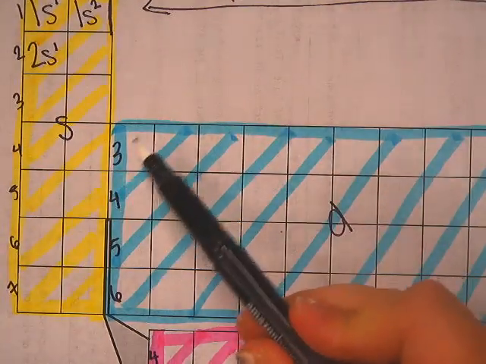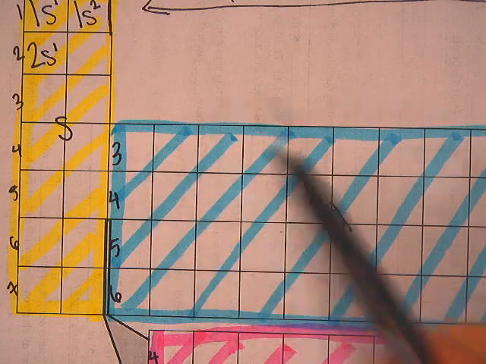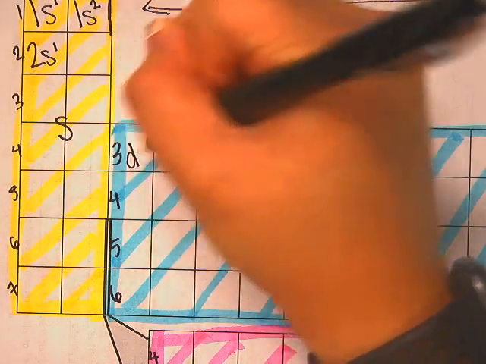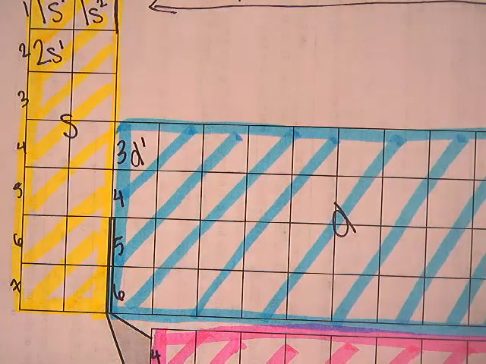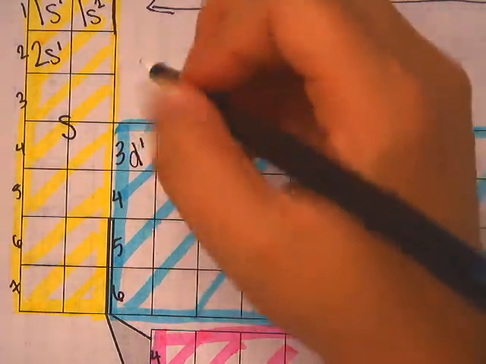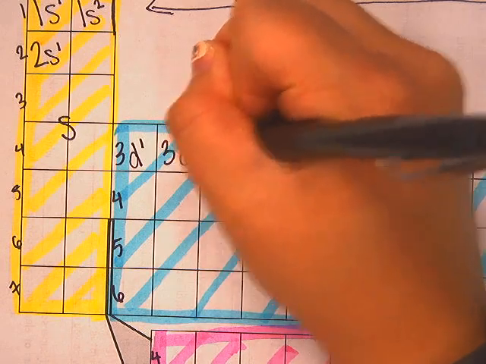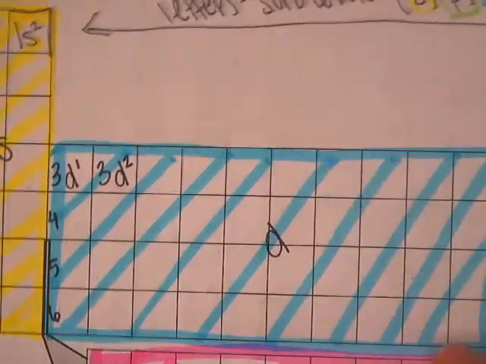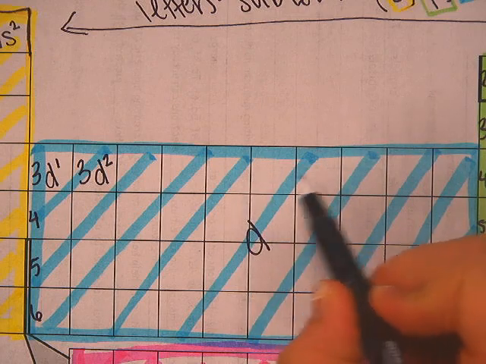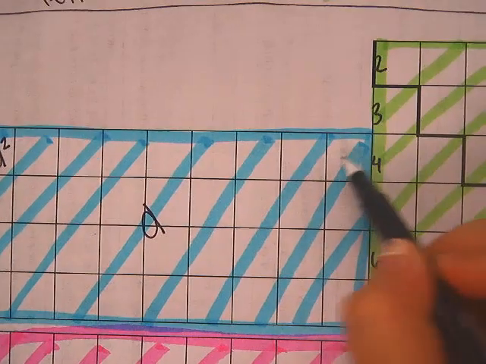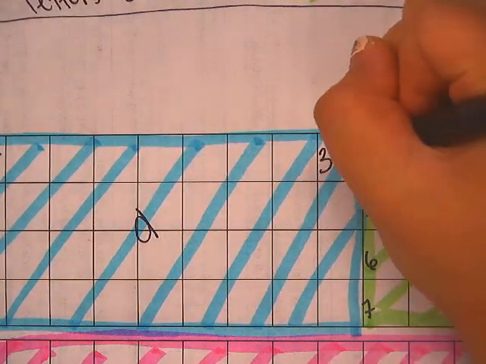So this box is energy level 3, sublevel D, box number 1. And this is energy level 3, sublevel D, box number 2. And then they keep going, 3, 4, 5, 6, 7, 8, 9. And this last box is going to be 3D10.